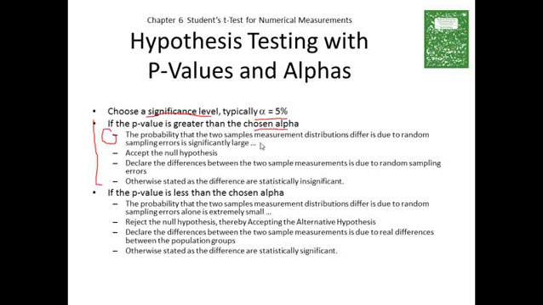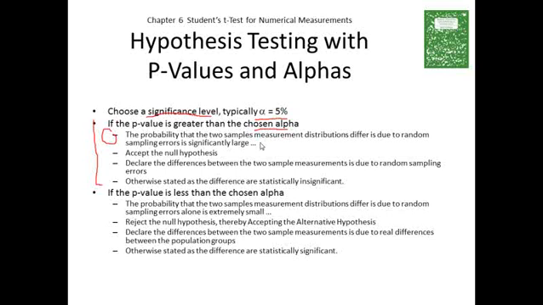The p-value is the measurement of the likelihood that differences are due to randomness, and alpha is the significance level at which we say, no, this is not just due to randomness.